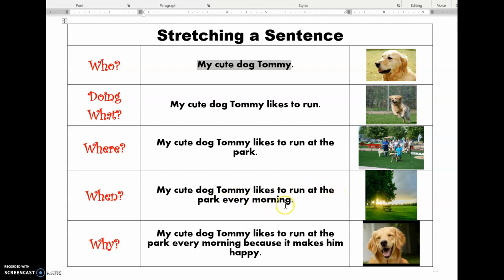Every morning. And then I'm going to think about why does he like to run every morning? My cute dog Tommy likes to run at the park every morning because it makes him happy. Do you see, my friends, how we stretched a simple sentence? So make sure you're asking yourself these 5 questions when you're writing your sentences.